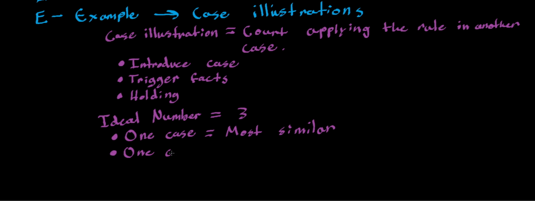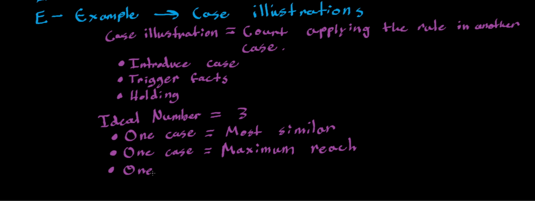One case that showcases the maximum reach of the law or of the rule. So one case that shows a court extending the rule to the furthest reach of any other case.